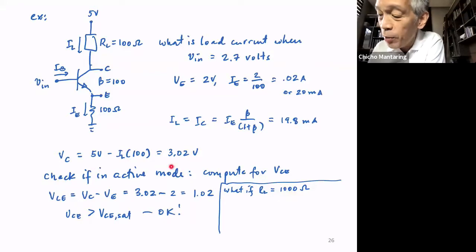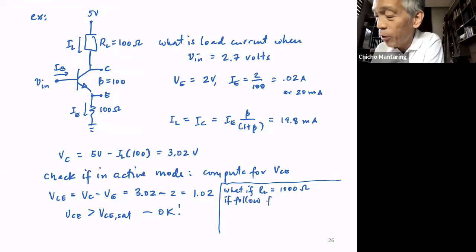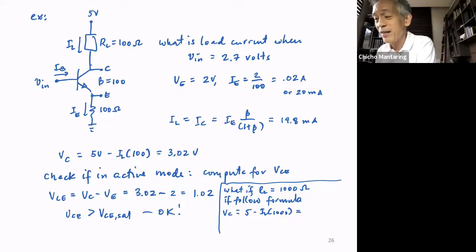If I follow this formula, you have VC is equal to 5 minus IL times 1,000. What am I going to get?